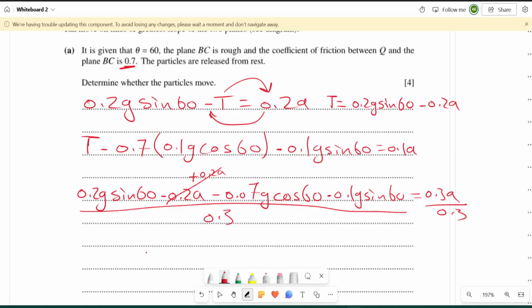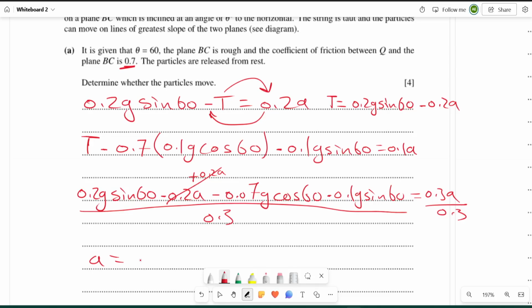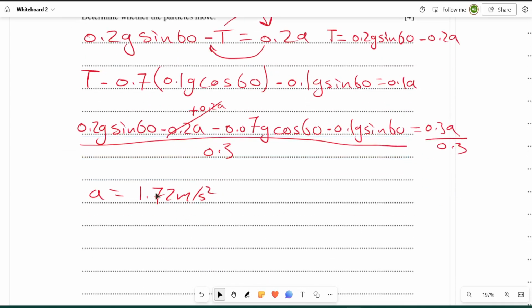So what I'm going to put in my calculator is 0.2 times g, which is going to be 10 here, sine 60 minus 0.07 times 10 cosine 60 minus 0.1 times g, which is 10, times sine 60, all over 0.3. And I'm going to get an acceleration value of around 1.72 meters per second squared. And thus this tells me that the particles are moving, and they are moving with this acceleration.